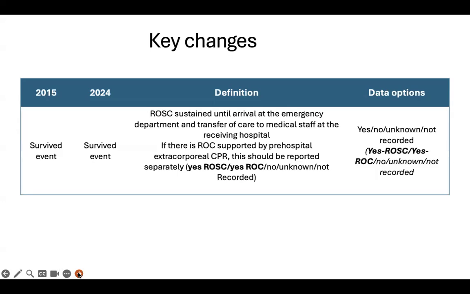If the application of ECPR had been started, there would be an outcome that would reflect the fact that somebody was on ECPR at the point of admission to hospital.